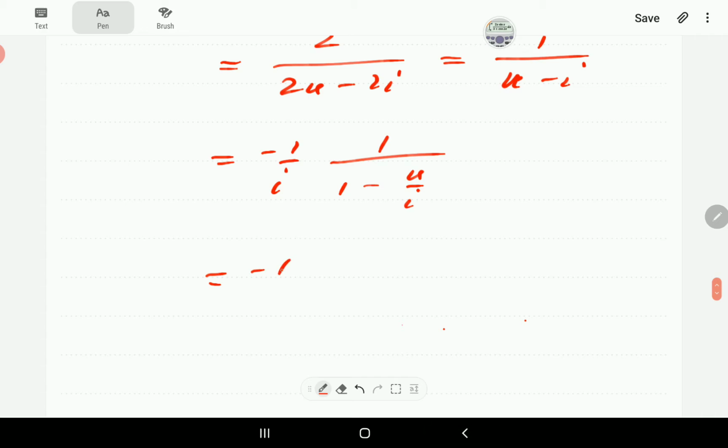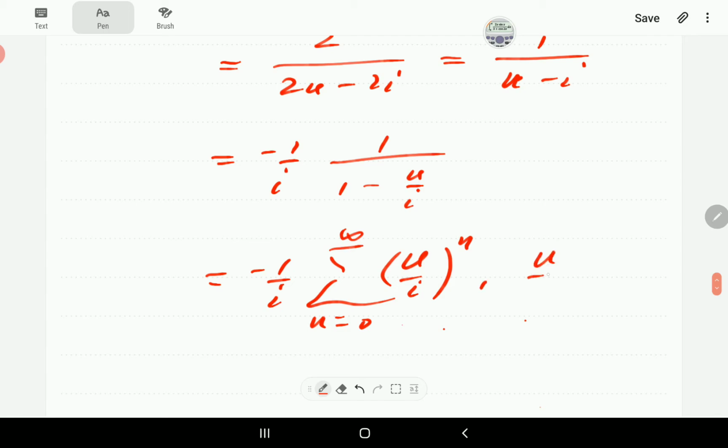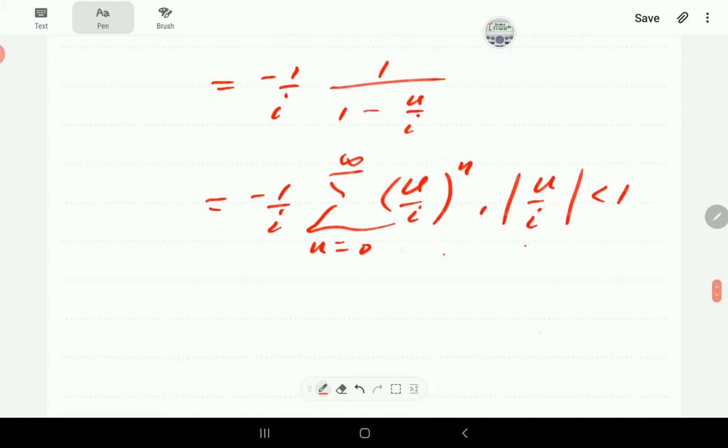So we're going to have minus 1 over i, summation of (u over i) to the power n, n ranges from 0 to infinity. Straight away, this is going to be convergent whenever the magnitude of u over i is less than 1. So this is going to be minus 1 over i, u to the power n over i to the power n.